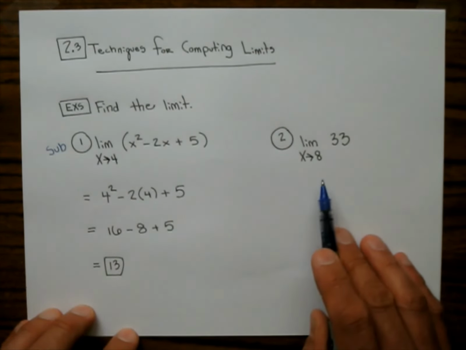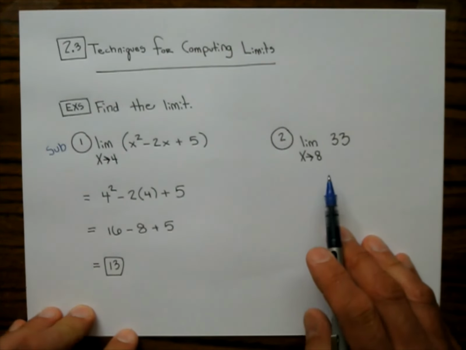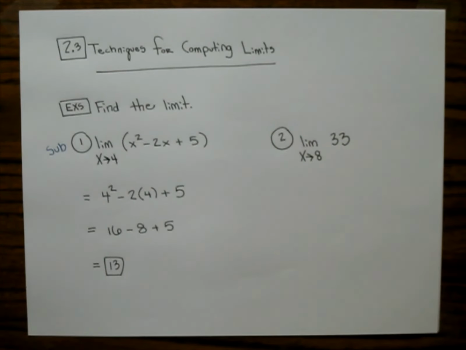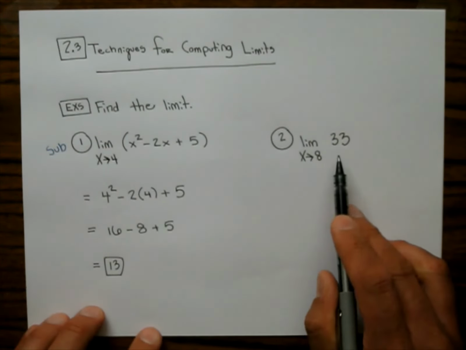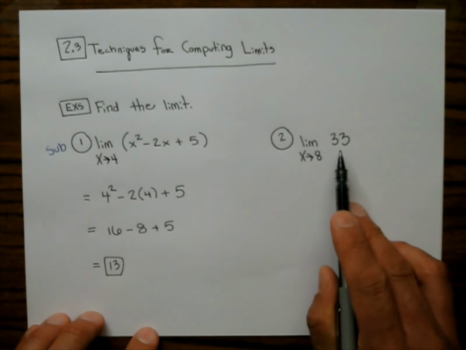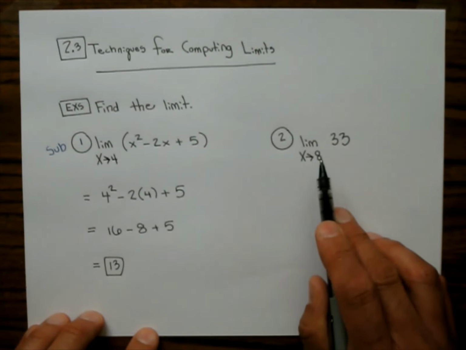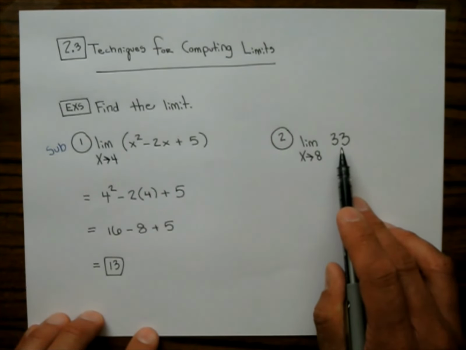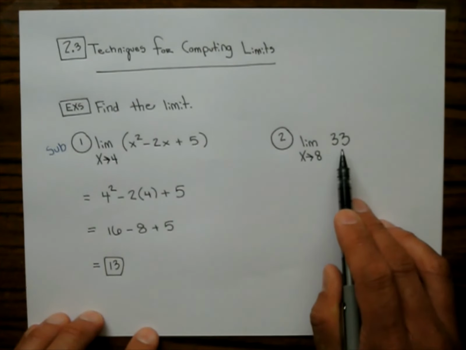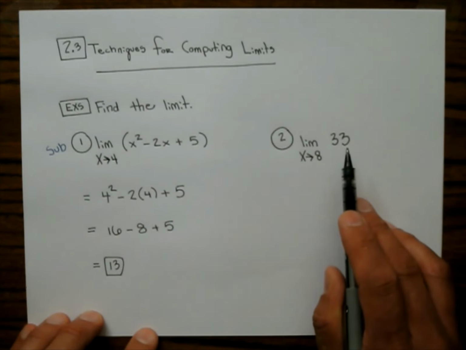Problem number 2. Maybe you want to pause the video and see if you can do problem number 2, and we'll see what happens. So the function on problem number 2 is 33. It's y equals 33, or f of x equals 33, however you want to say it, and you're supposed to plug 8 into that function. Well, the output of that function is always 33.